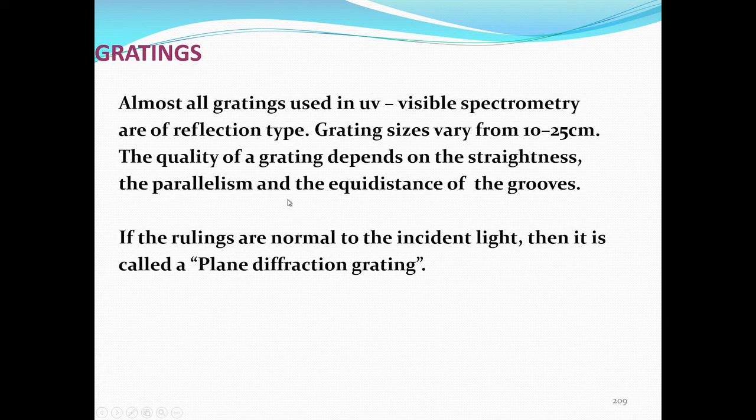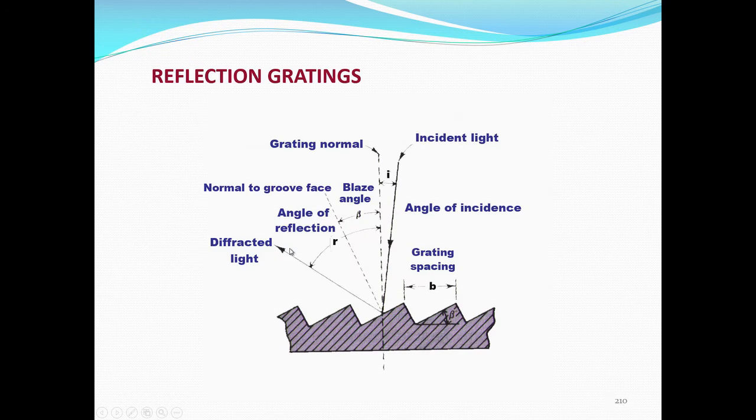What is a grating? A grating is a simple mirrored glass, okay, as I am showing you in this figure, with a number of grooves like this, and the number of grooves varies from 1200 to 30,000 grooves.